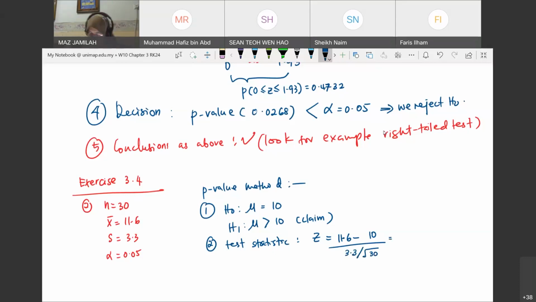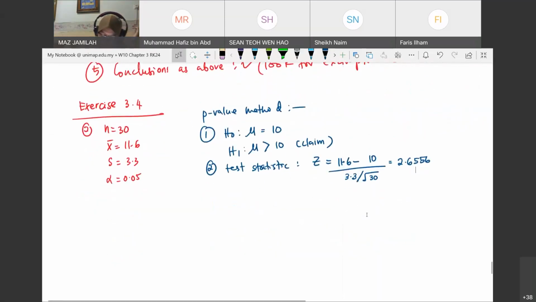Can someone calculate? What did you get here? What is the value? Can someone give me the value? 2.6556. Okay, thank you. So that would be your test statistic.